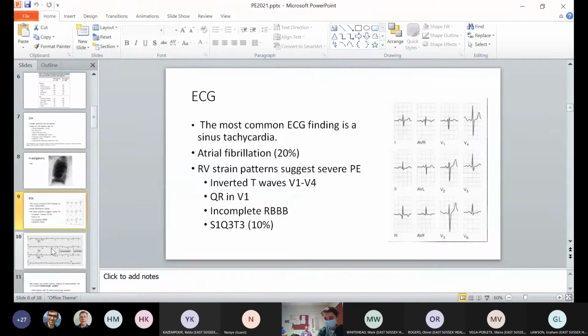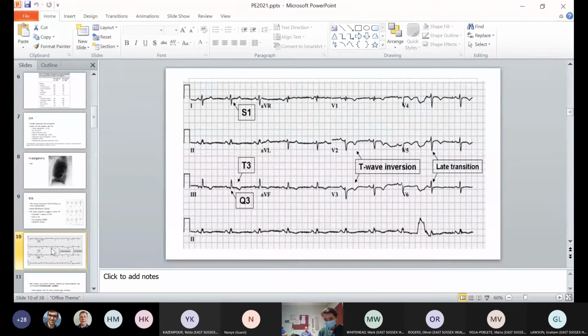Now ECG changes: very common are sinus tachycardia and new AF. The typical S1, Q3, T3 can appear, but it's very rare, in 10% of people. Incomplete RBBB or RBBB, and T wave inversion in V1 to V4. I think I found the ECG for you, where you can see two signs straight away.